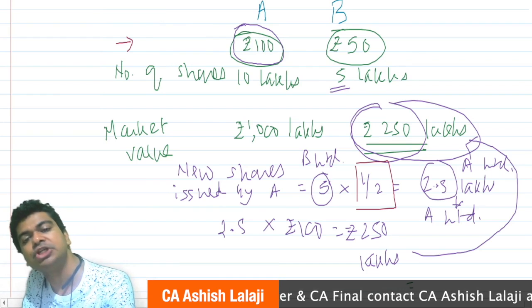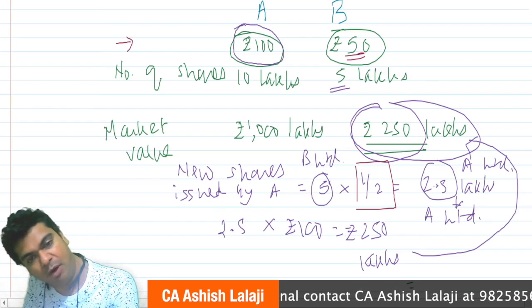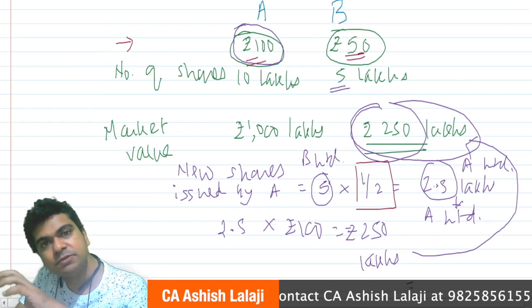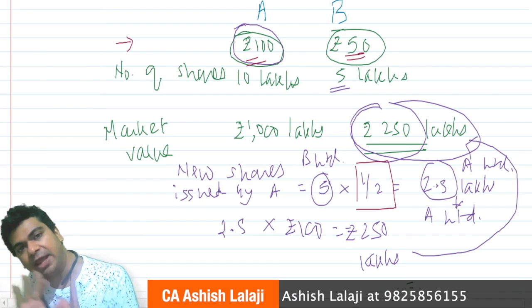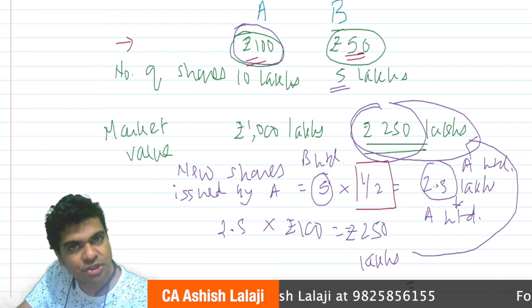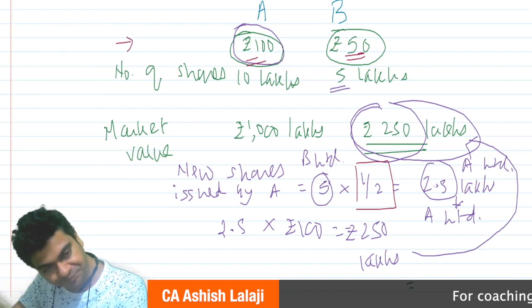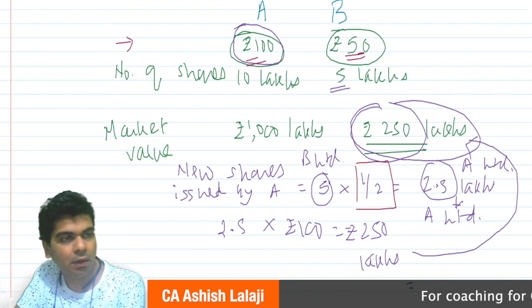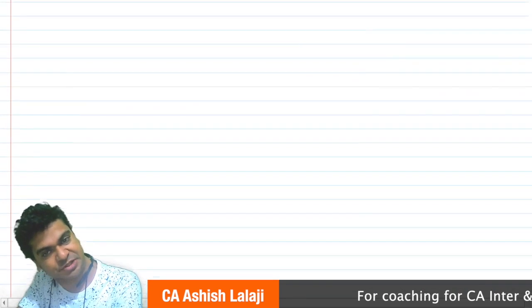We argued that the share price of company B is 50, that of A is 100. Company B's share is trading at half the value of A. And that is the reason we suggested that the share exchange ratio be 0.5 or 1:2. So let us see mathematically how the share exchange ratio is determined.